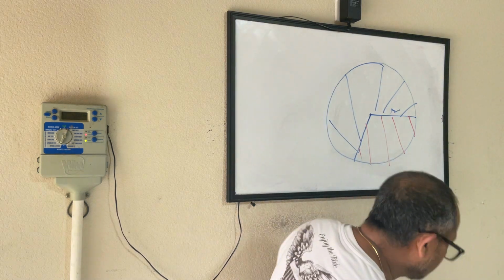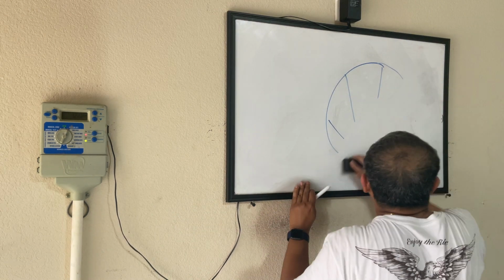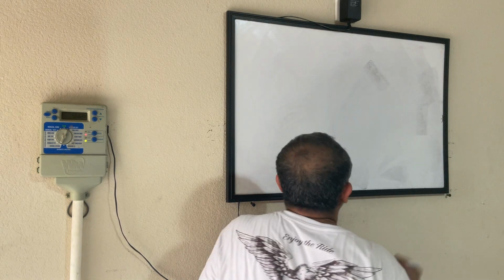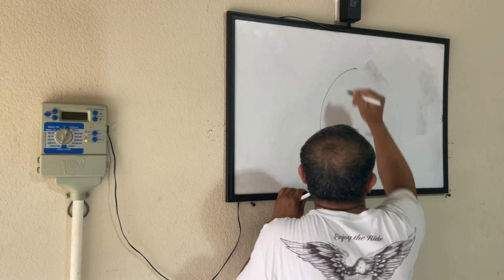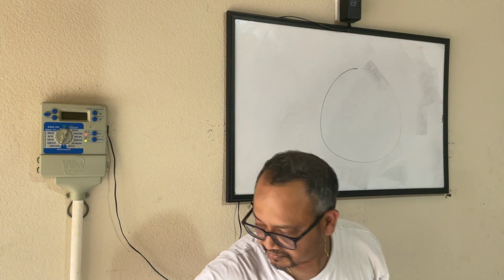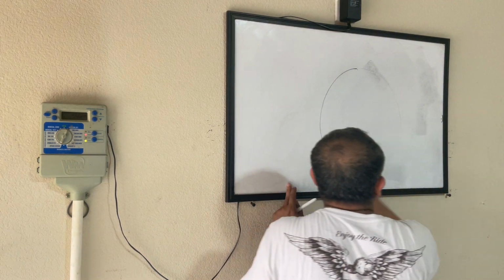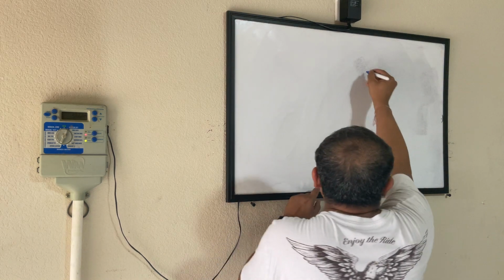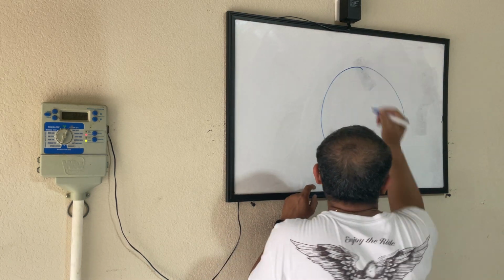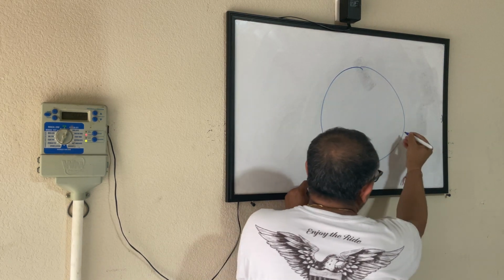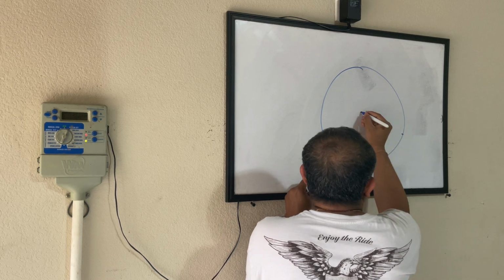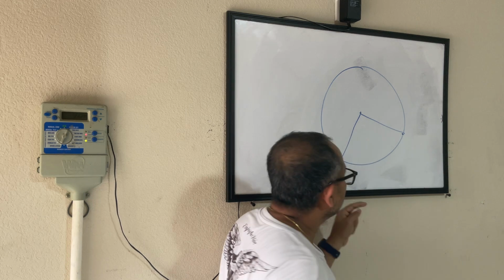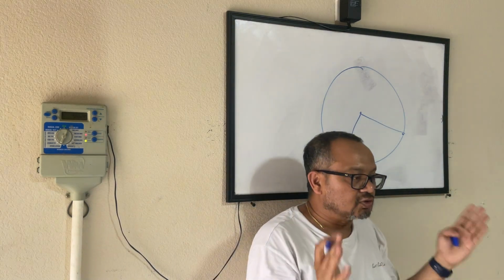So it boils down to the fact that if you have a circle and you pick any two points and join the two points with the center of the circle, it splits the circle into two parts.